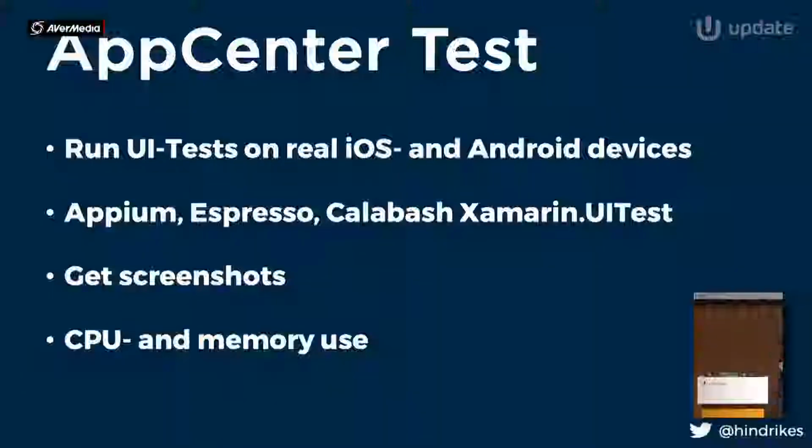So you just need an APK and/or an IPA file to run the tests. But for iOS, you need to link the IPA with the Calabash framework. You have to do that with Xamarin as well. So I will show you how to do that in a Xamarin app.